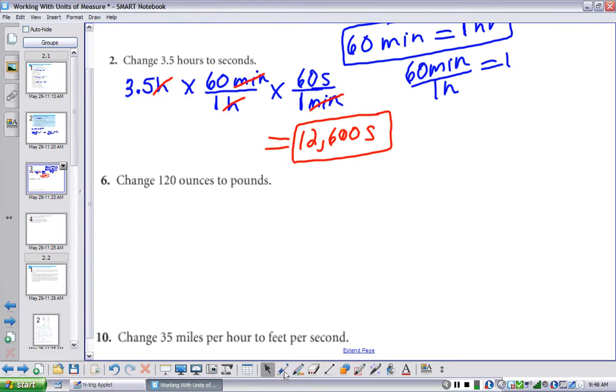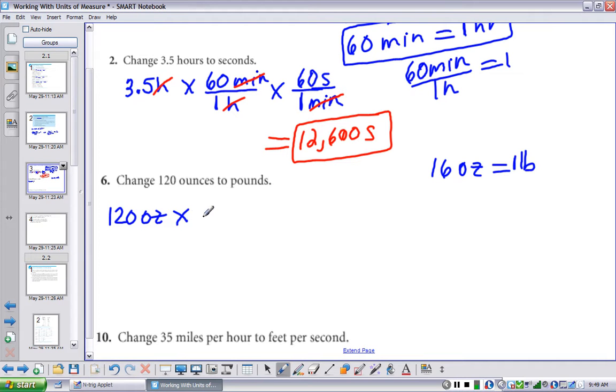We want to change 120 ounces to pounds. Okay? 120 ounces to pounds. Well, we know that 16 ounces equals 1 pound. So I have 120 ounces times.